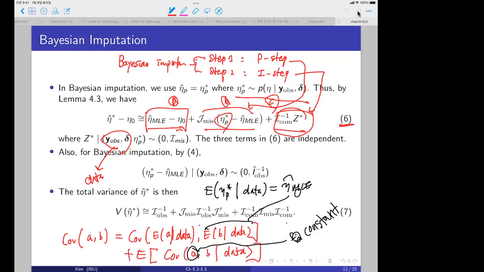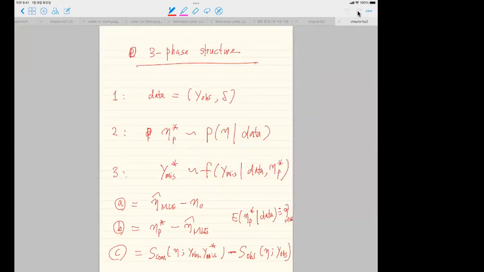I think we can just stop at B. If we get the eta star p, we know that the mean of eta star p will converge to the MLE. So why do the 3rd step? To get variance estimation easy. Okay, good.